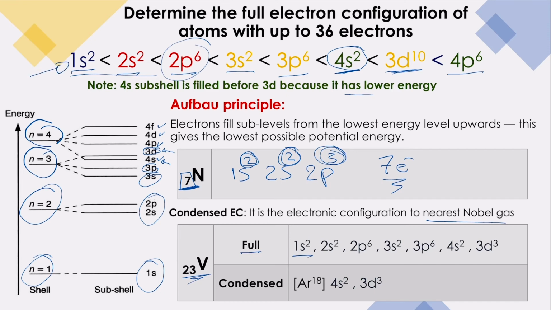We have 1s2, 2s2, 2p6, so we have here 10, 3s2, 3p6, 4s2, another 10, so we have 20, then 3d3. Then we can rewrite it in a condensed form. Instead of writing all this line, which makes 18 electrons, we can just replace it with argon, which is the nearest noble gas to vanadium 23. Then we can continue 4s2, 3d3.